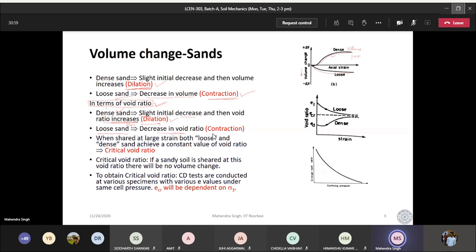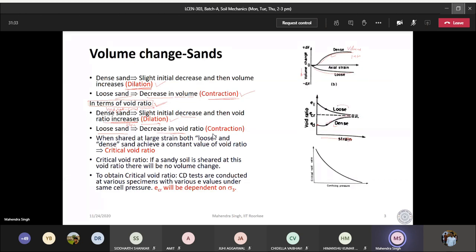In case of dense sand, initially the void ratio was very small, and then it increases. So during this shearing process, if it is dense sand, initially the void ratio is low, and though in the beginning there will be some decrease, finally it is going to increase. The void ratio increases and it reaches a constant value.